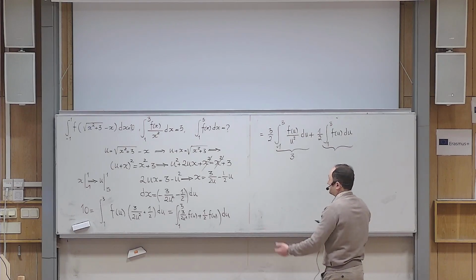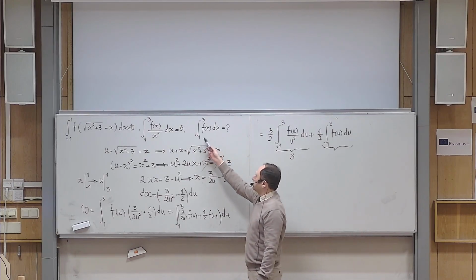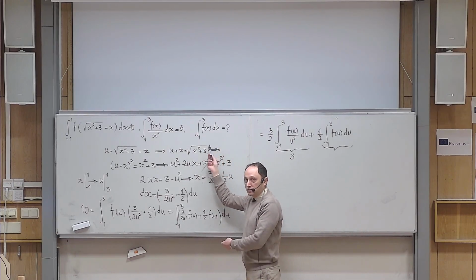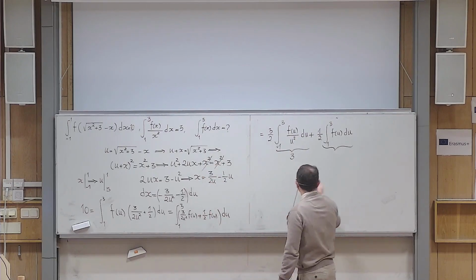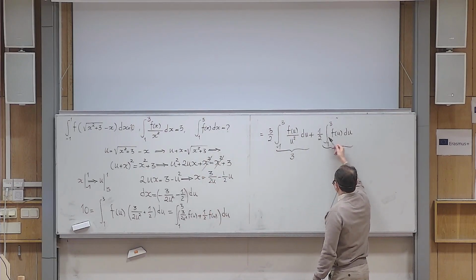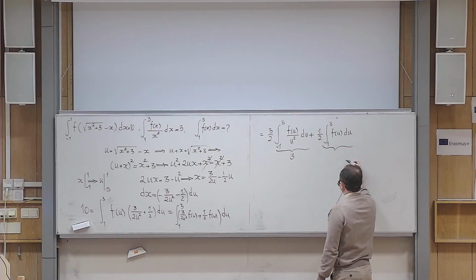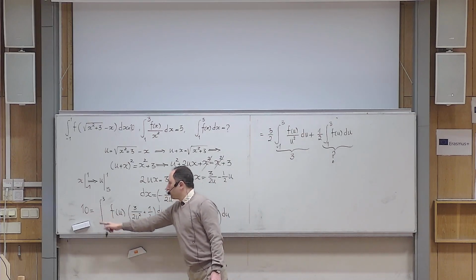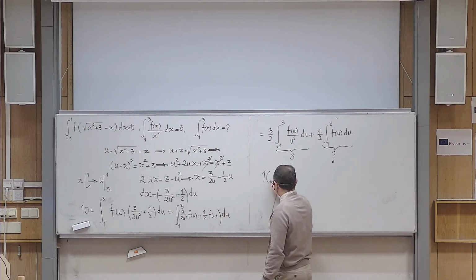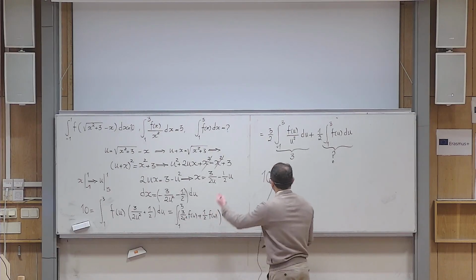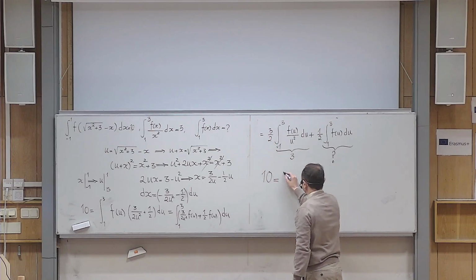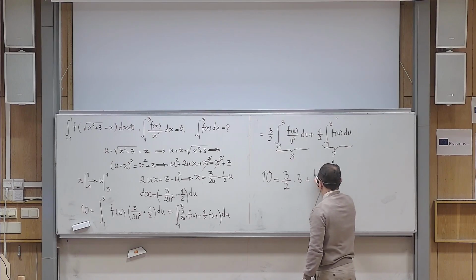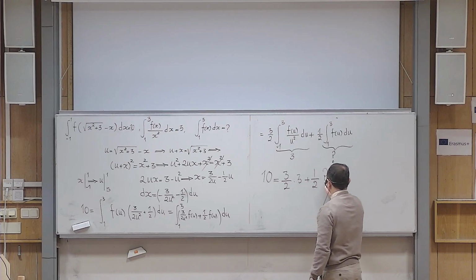For the same reason, the question mark is integral from 1 to 3 f of x dx, which is exactly the same as integral from 1 to 3 f of u du. Okay, so this is my question mark. Okay, so remember, I started from here, so I realized that 10 is equal to 3 over 2 multiplied by this 3, and then plus 1/2 of my question mark.